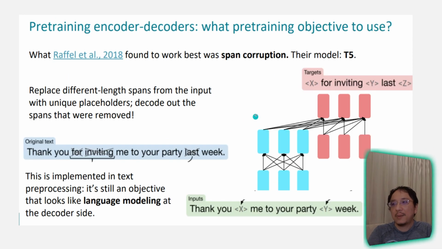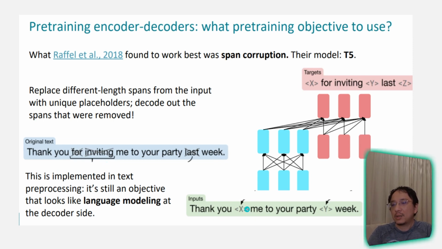To train an encoder-decoder pair, there are many ways to do that, but one popular way is to mask some of the words and give them special tokens.